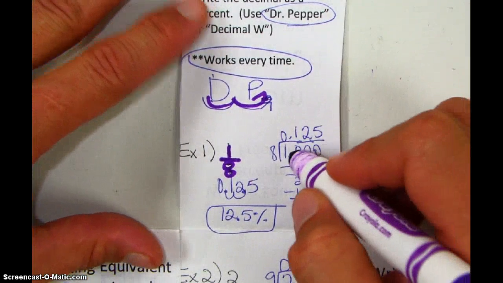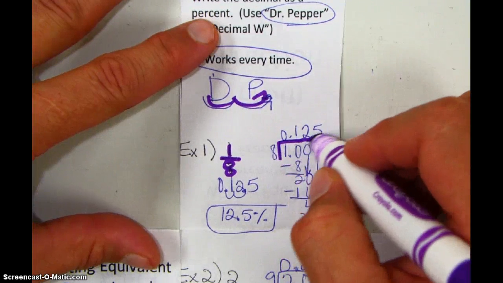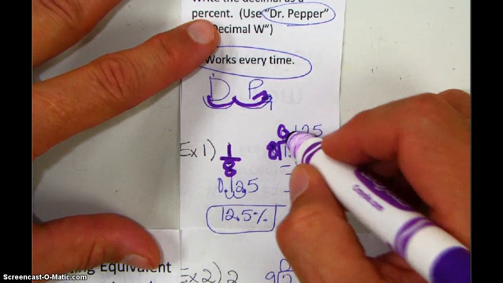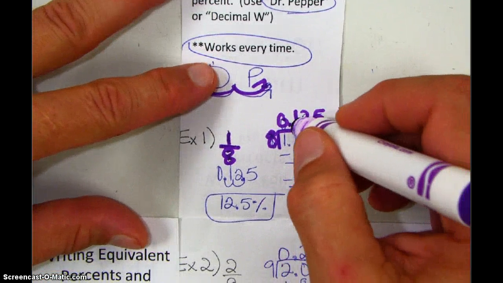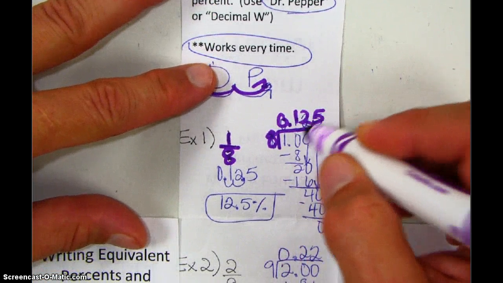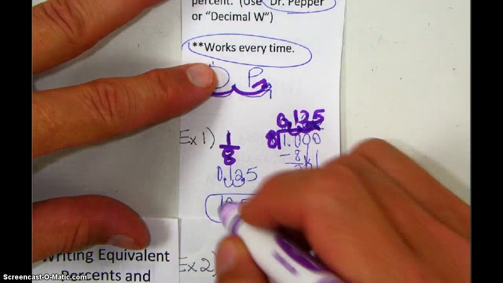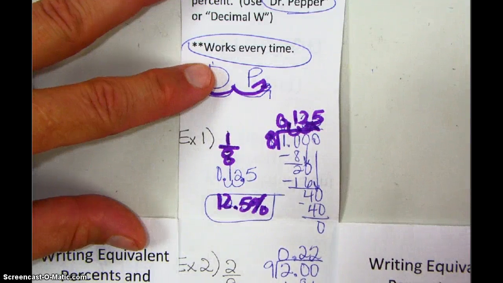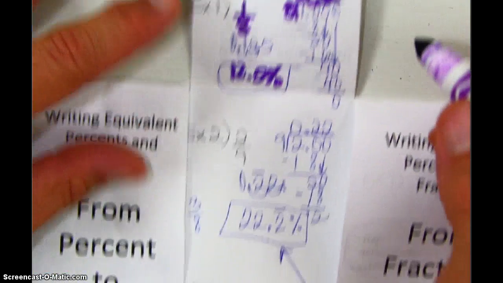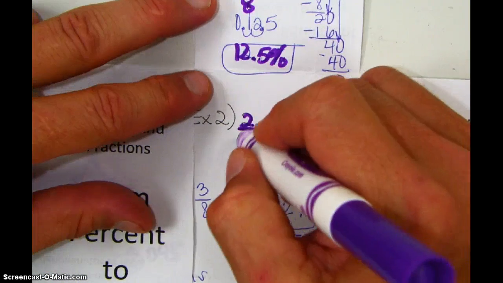Percent. So 1/8 is 0.125 thousandths. So all I'm going to do now is change this decimal to a percent. Bang. Done. 12.5%.